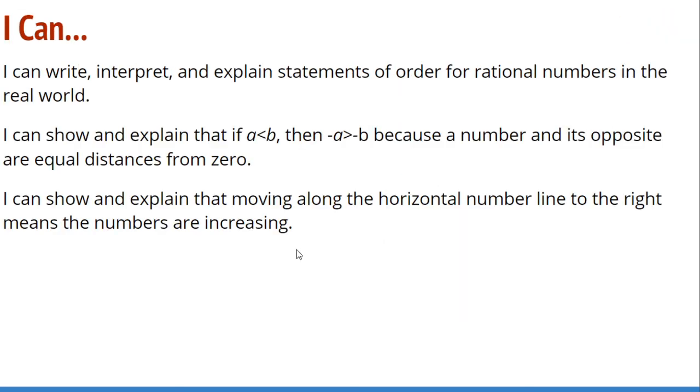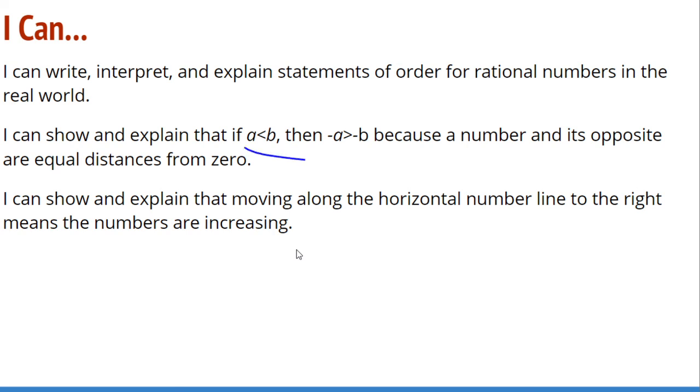All right, so taking a quick look at the I can statements here. Hopefully you're feeling like you can write, interpret, and explain statements of order for rational numbers in the real world. The explain part is really super duper important. Can you explain why you put this number as greater or less than another number? Show and explain that if A is less than B, then -A is greater than -B.